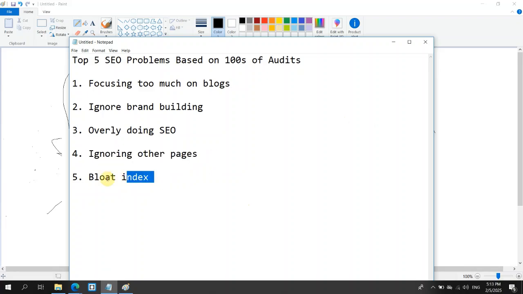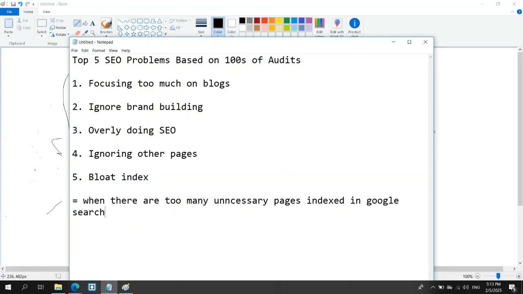And lastly is bloat index, right? So what do I mean by bloat index? Bloat index means when there are too many unnecessary pages indexed in Google search, then your overall website quality is reduced.